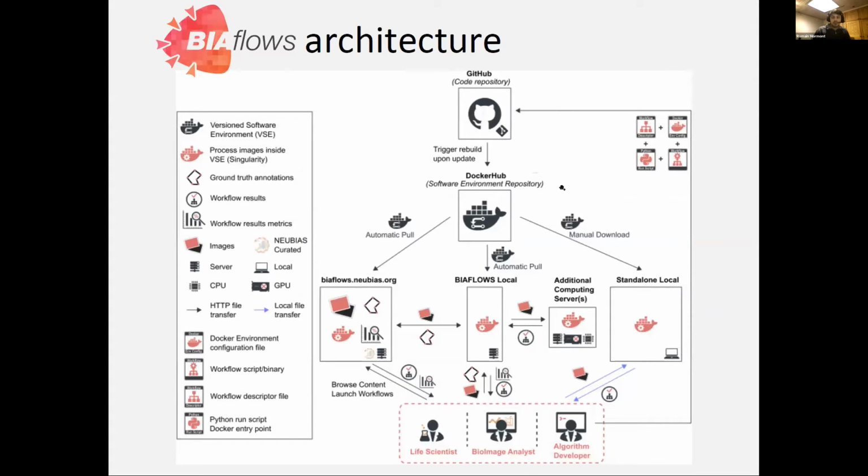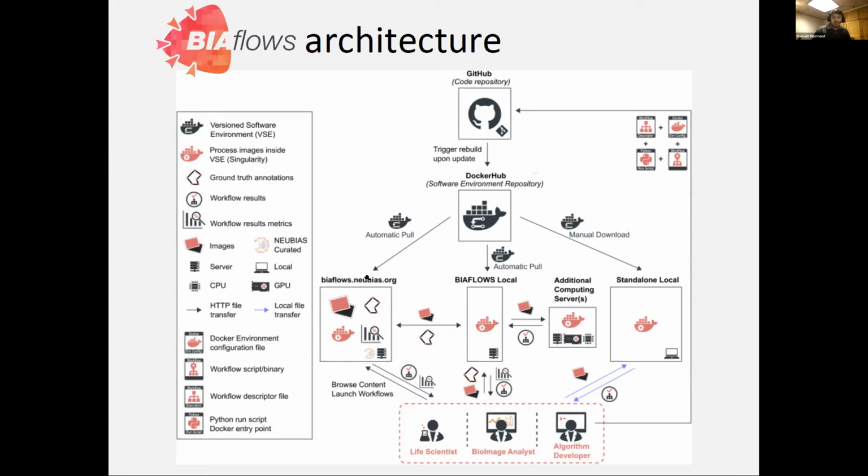So maybe a quick word about the architecture. As I said, we have a GitHub repository where the workflow is. Then you have a connection to DockerHub. So when you create a new version of your workflow on GitHub, there is a trigger that will trigger DockerHub to build the Docker image of your workflow.